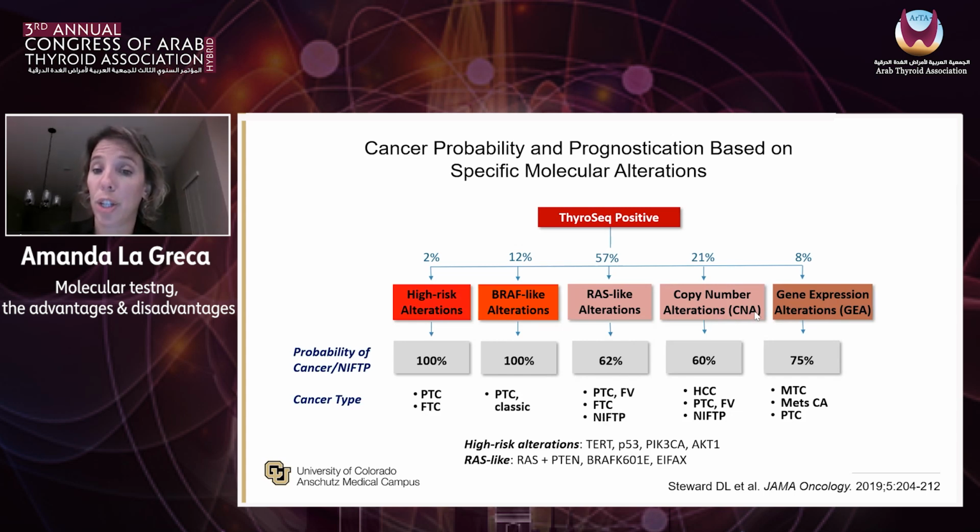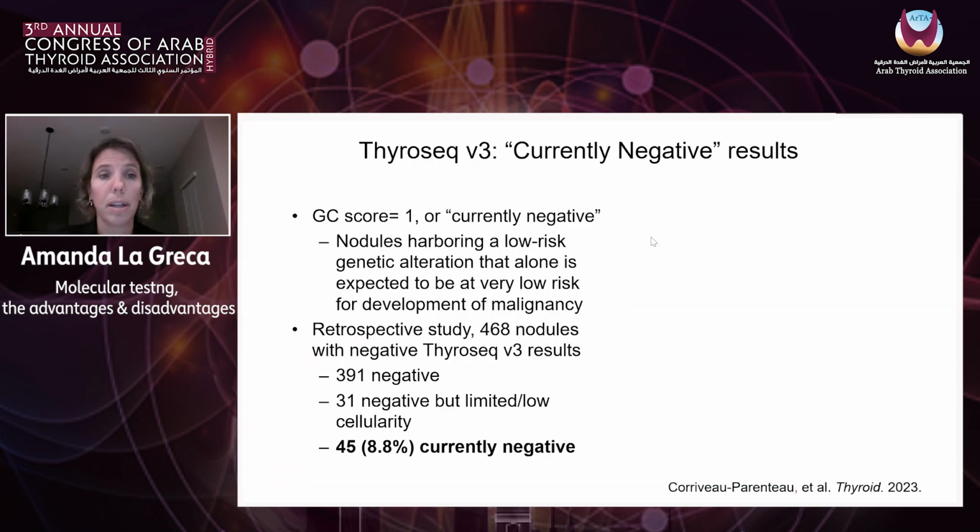Copy number alterations, which is the abbreviation CNAs, probability of cancer was 60%, a lot of Hurthle cell carcinoma, nowadays called oncocytic carcinoma, papillary thyroid carcinoma, follicular variant, and NIFTP. And then gene expression alterations, GEA, probability of cancer was 75%, and these are medullary thyroid carcinoma, metastatic carcinoma, and papillary thyroid carcinoma. So it does help us to give prognostication on the type of tumor that the patient has.